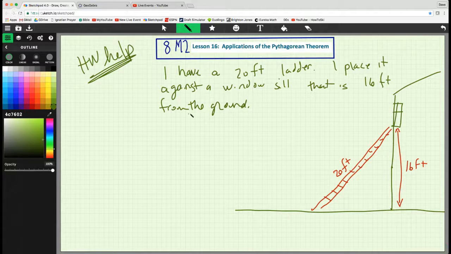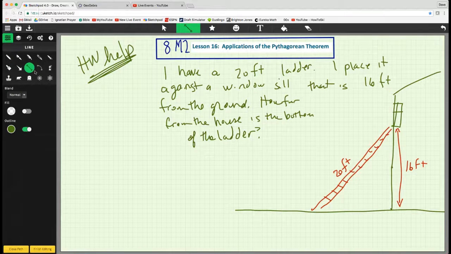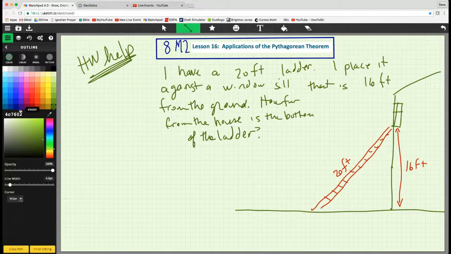So the question is, how far from the house is the bottom of the ladder? And we can answer this question. Think about it for a second, and I'm going to show you how we can solve this. I'm going to draw the magic triangle for you. So pause and think about it. How are you going to solve this problem? I'm telling you, the Pythagorean theorem can help you figure this out.